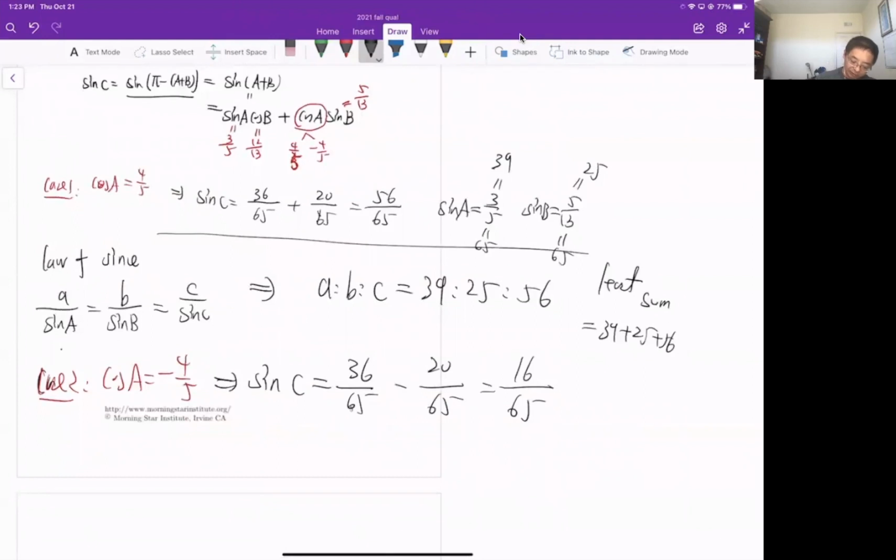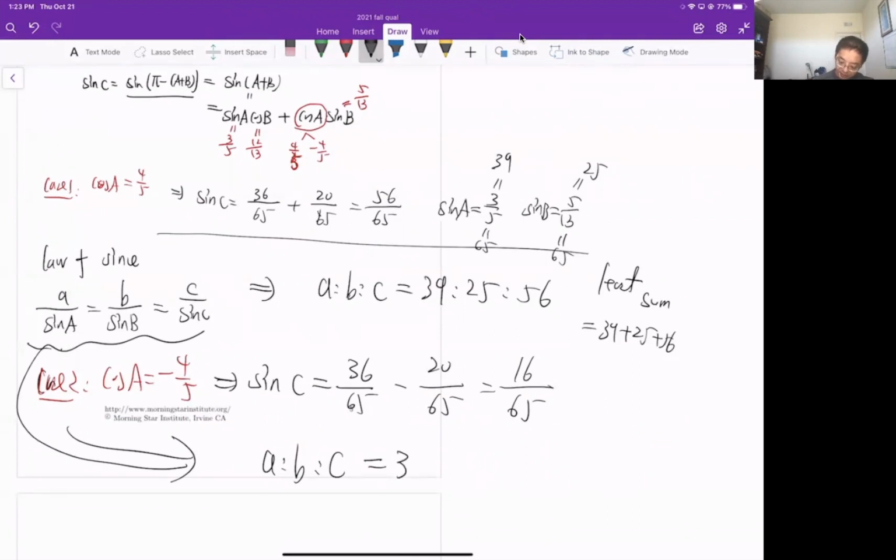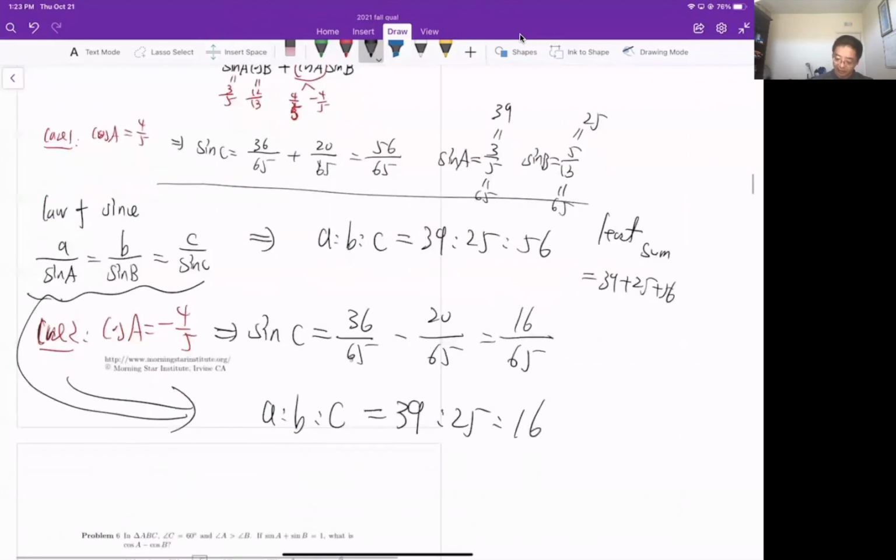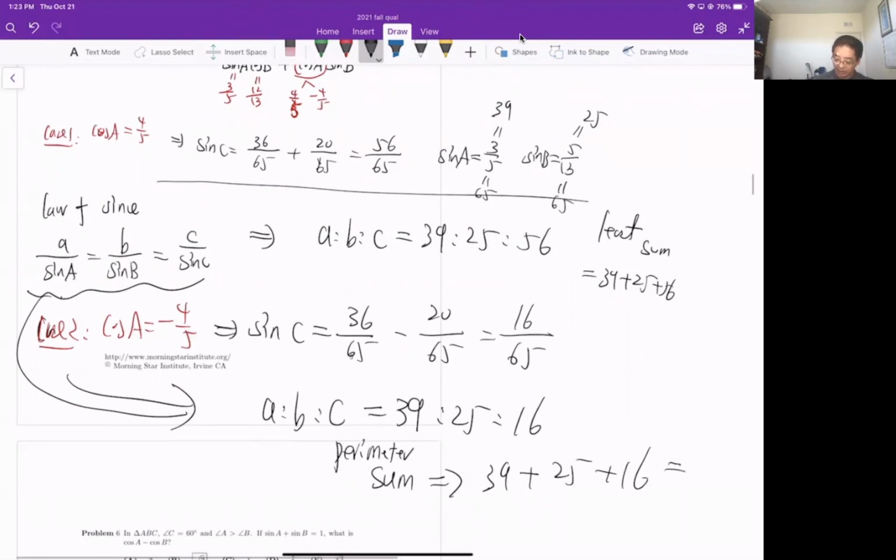Again, by the law of sines, we get A, B, C equals 39, 25, but C becomes 16. Then for this case, the perimeter becomes 39 plus 25 plus 16, and we get 80.